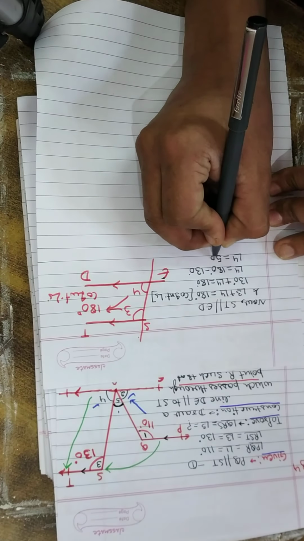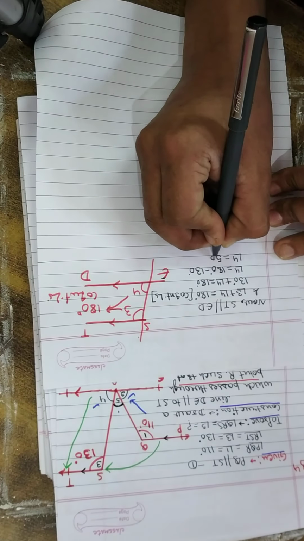We have already found angle 2, which is 70 degrees, and angle 4, which is 50 degrees. And angle on a straight line is 180 degrees. So after subtracting 70 and 50 degrees from 180, you can get angle 5.